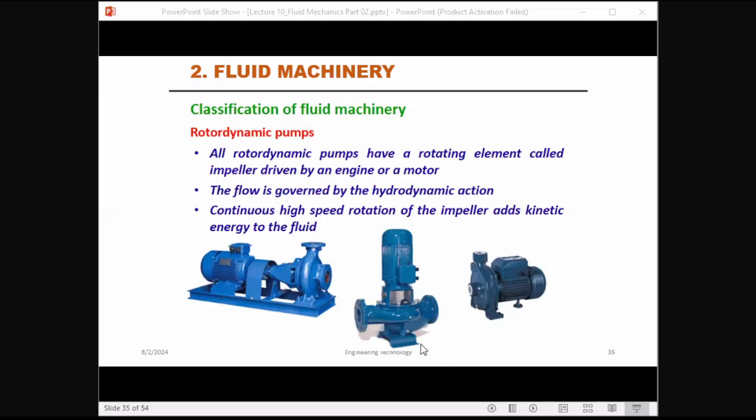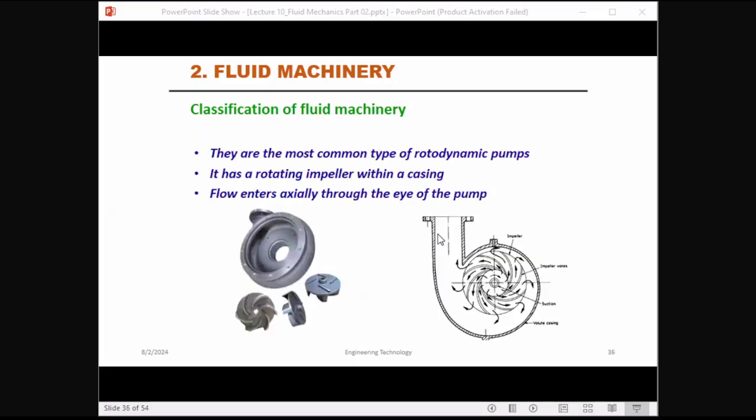So these are centrifugal pumps, the most common type of rotordynamic pumps.